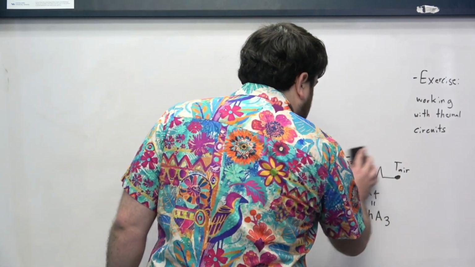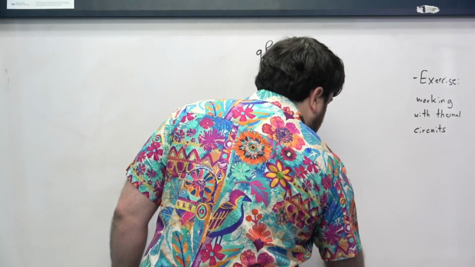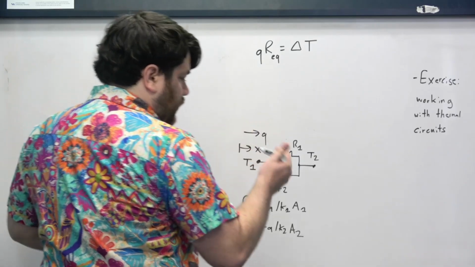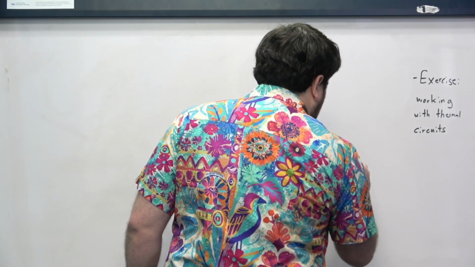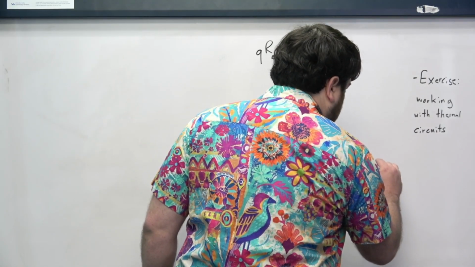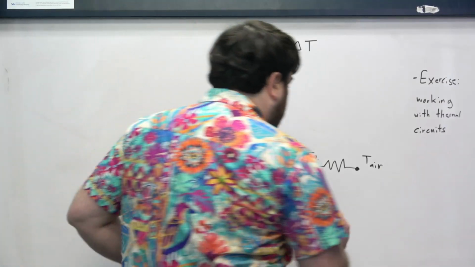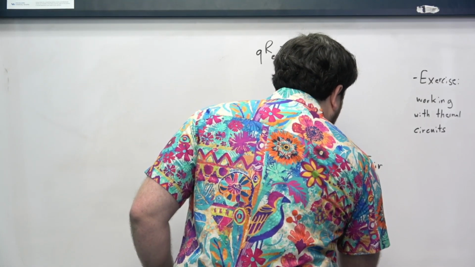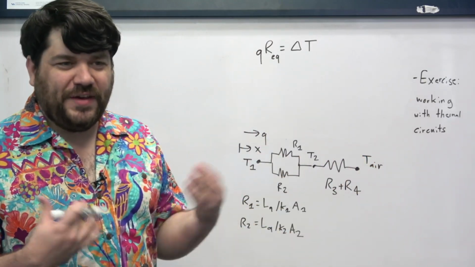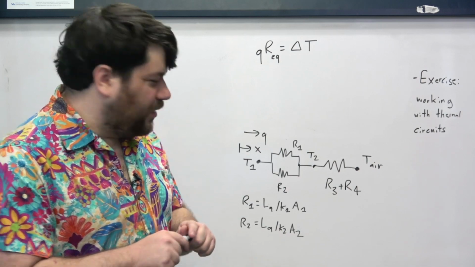So now we can replace this entire piece of the thermal circuit with an equivalent thermal resistance that goes from T2 to T-air, right? So we're skipping T3, and which has a thermal resistance that is R3 plus R4, because again, we've added up the thermal resistances to get this equivalent expression.